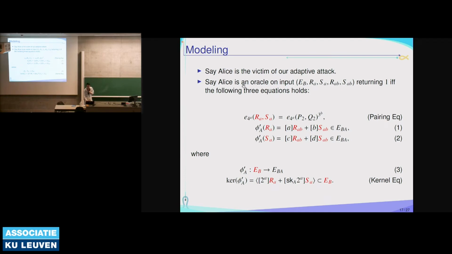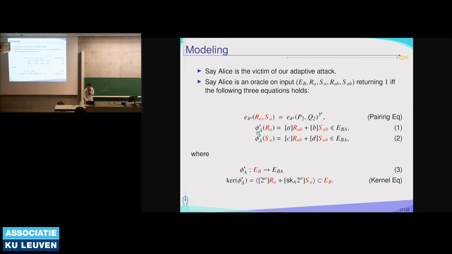Then on this input, she returns 1 if and only if the following 3 equations hold. And the first one is just a simple pairing check we also have in SIDH before. And the second one is the check for the commutativity we just mentioned.